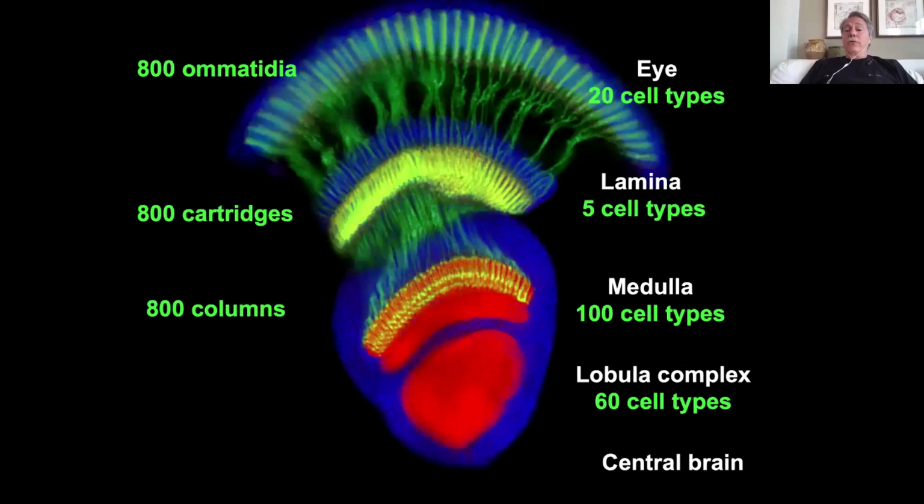So what I told you is that we know quite a bit now about how the many cell types that you have in the optic lobe, in particular those in the medulla, are acquiring their specificity in terms of making the specific connections.